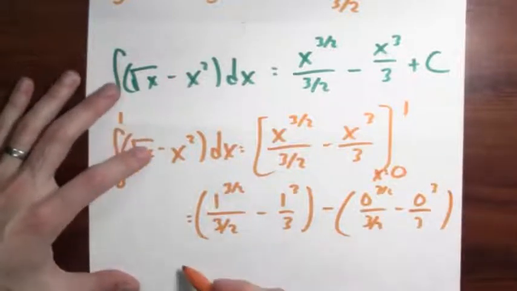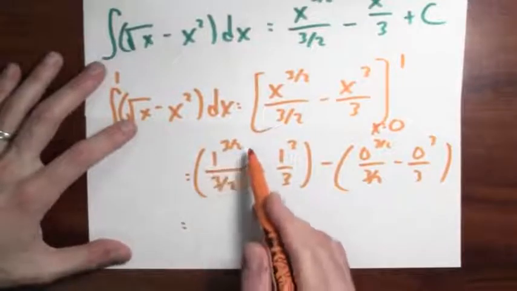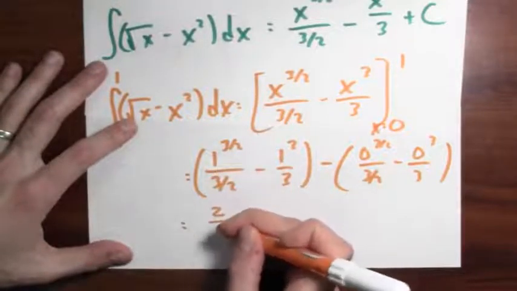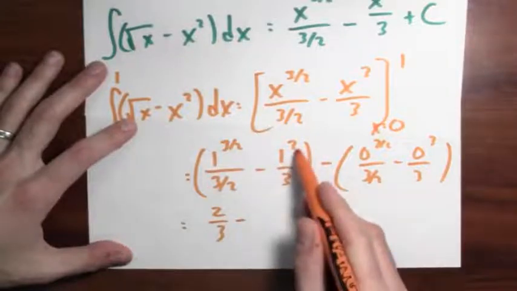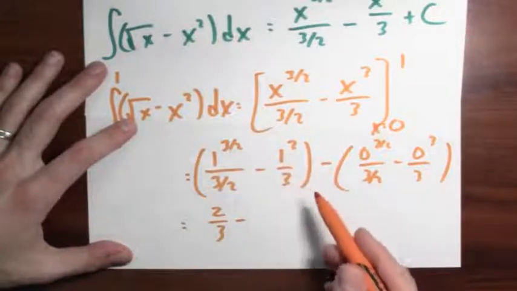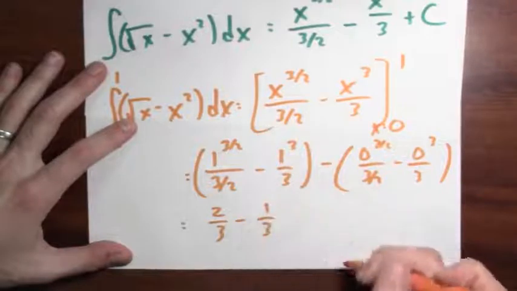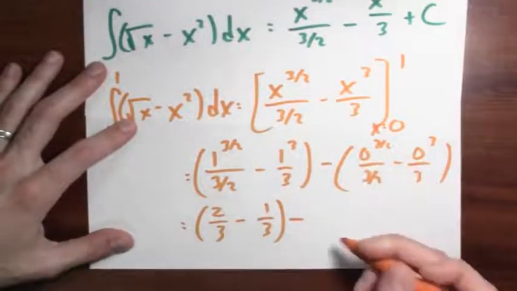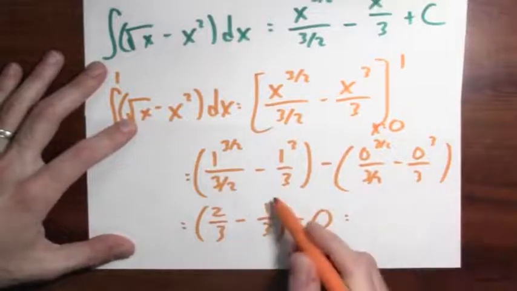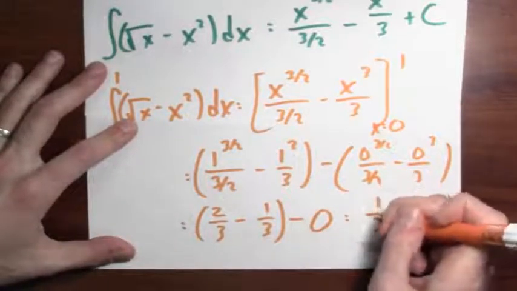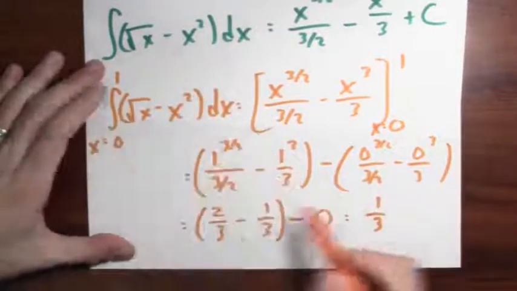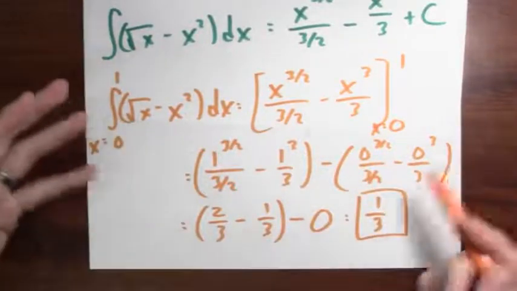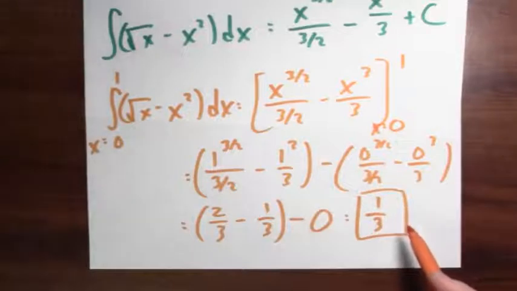Well, this is easy to calculate now. 1 to the 3/2 is 1, so it's the reciprocal of 3/2, which is 2/3, minus 1 to the 3rd, which is 1 over 3, so that's just 1/3. And here I've got minus 0. So I've got 2/3 minus 1/3. This integral ends up being equal to 1/3, which is computing the area between the original curves.